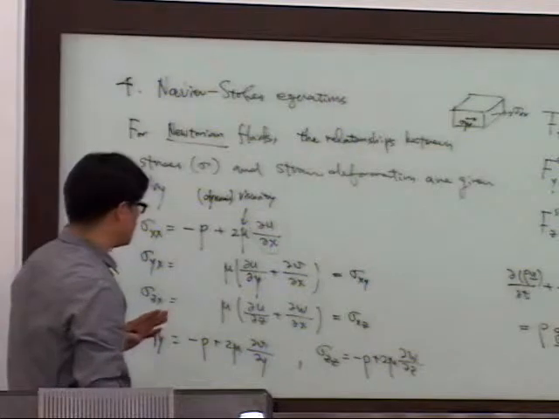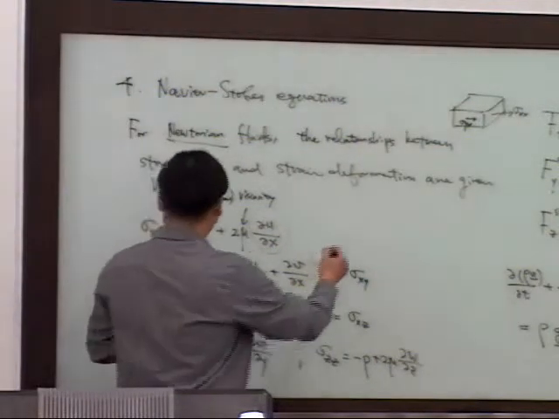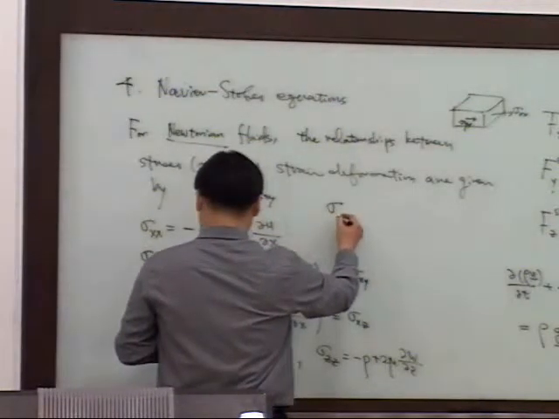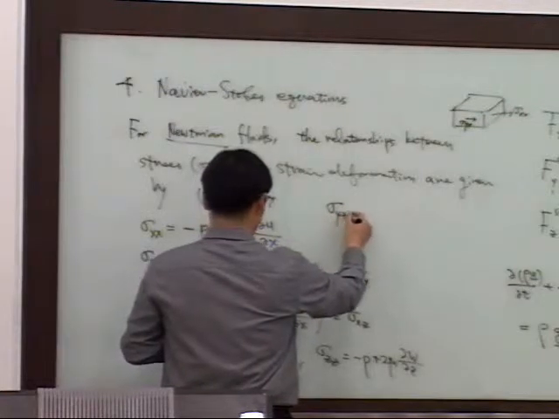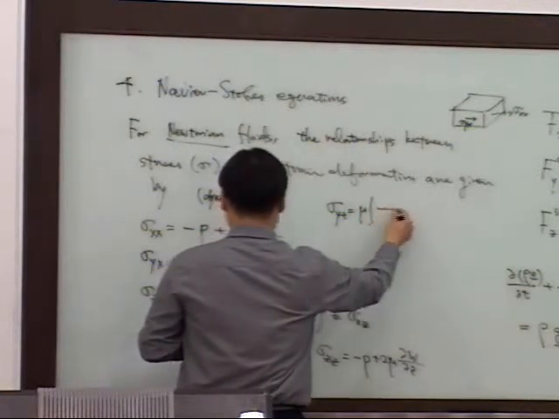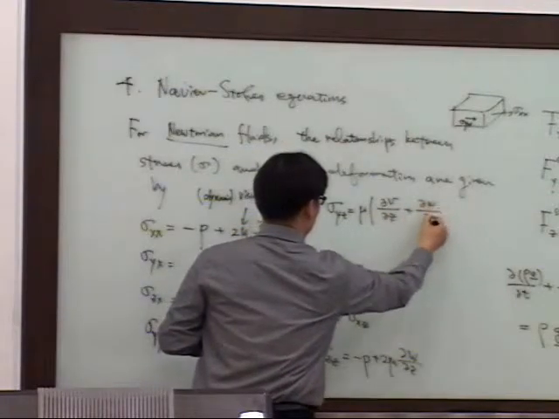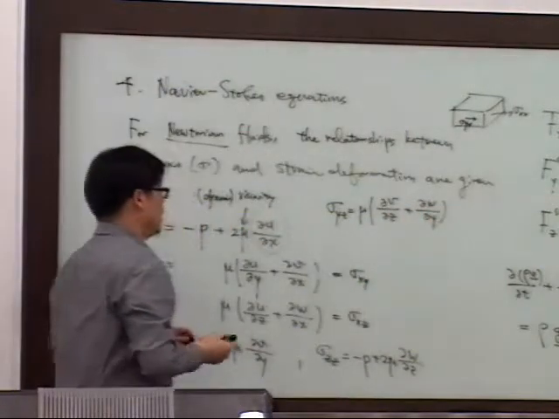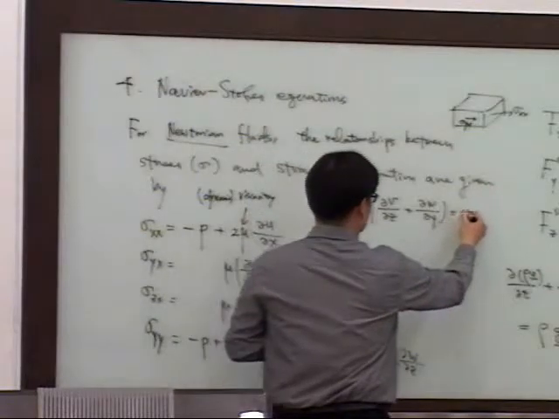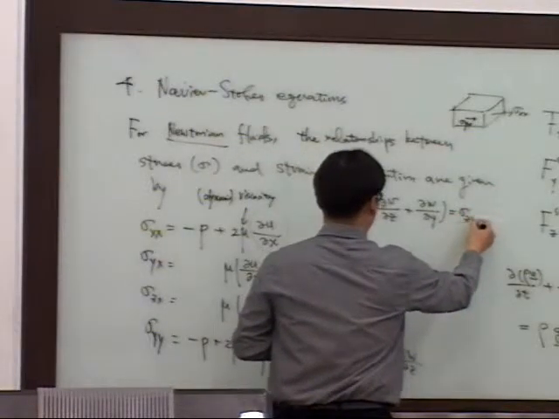And the last thing that we need is sigma yz, which is mu times dv dz plus dw dy, and which has to be the same as sigma zy.